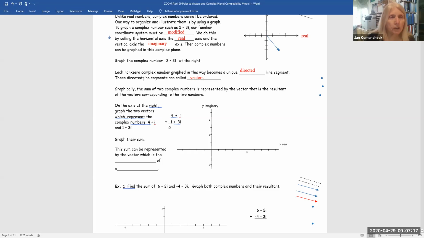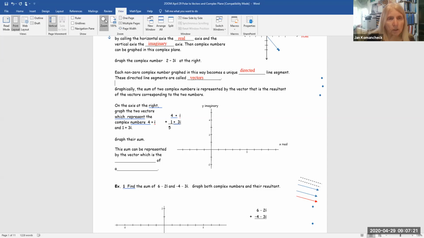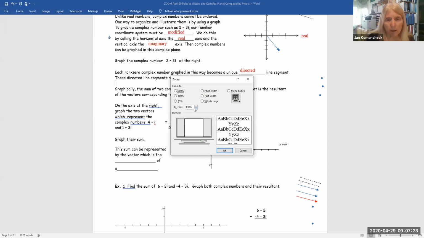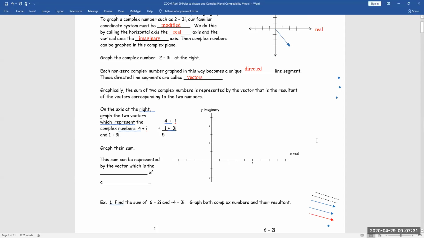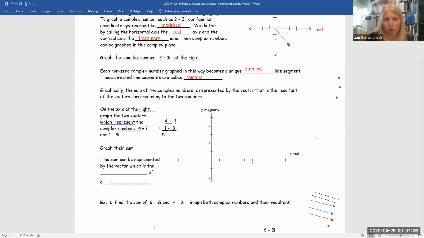Actually, let me zoom in to about 150% for those of you who are on a small window. Okay, there we go. So if I want you to add two numbers together, like 4 plus i and 1 plus 3i, you would say, okay, 4 and 1 add up to 5.